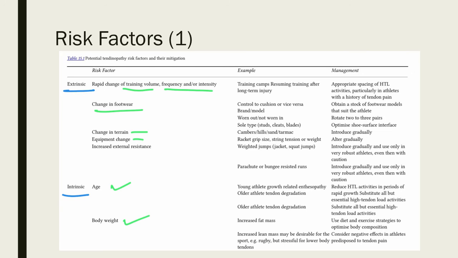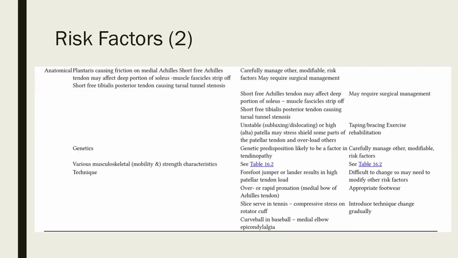And if you think about individuals that do have a good amount of fat mass, their load actually on their body is going to be placed differently. And if that fat mass is really placed in one area, it can actually change the way that your center of mass is distributed over your base of support. So that can also cause a problem and lead to tendinopathy of specific anatomical structures.